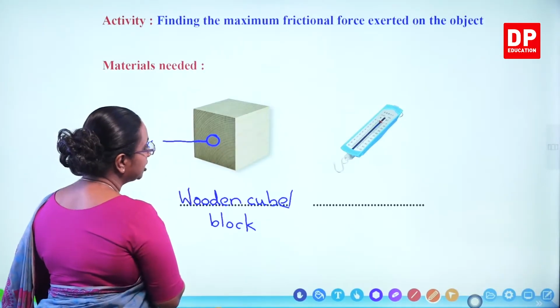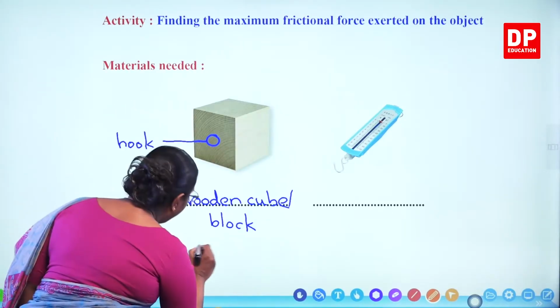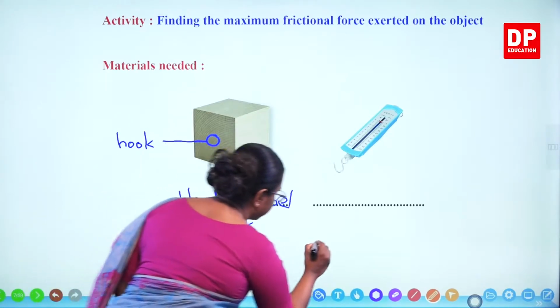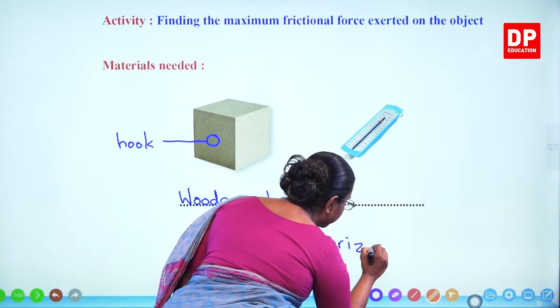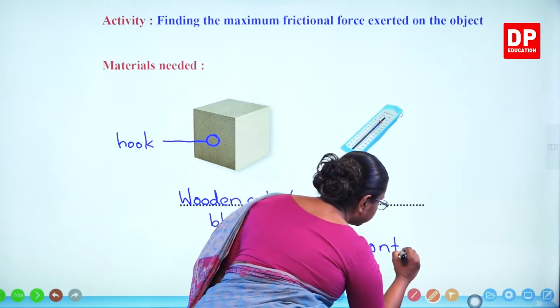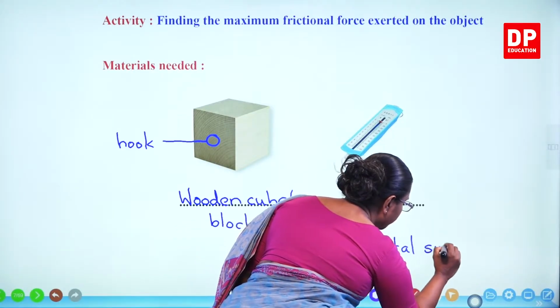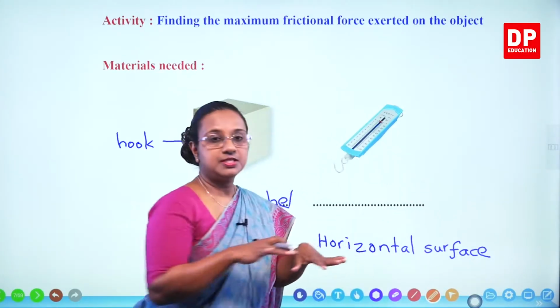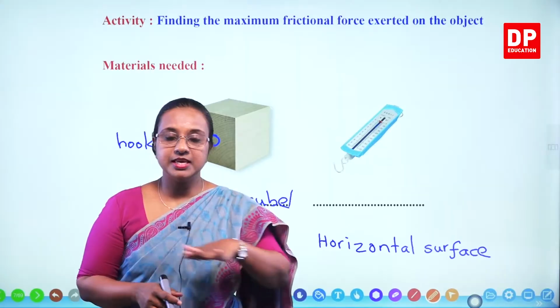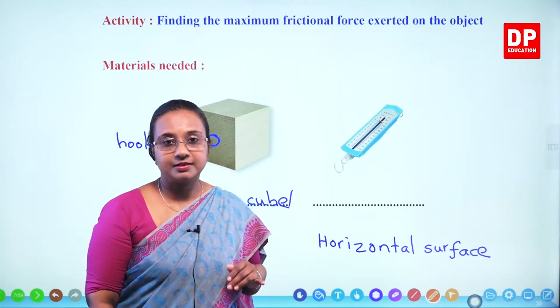So in addition to this, we need a horizontal surface. So maybe a table which is horizontal, which is even and flat.